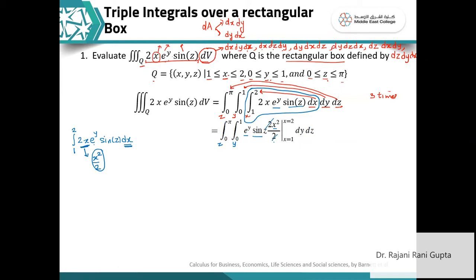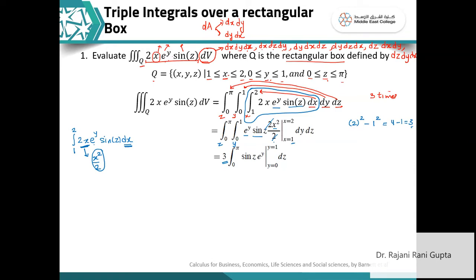When you replace x by 2, you get 2 to the power 2, minus when you replace x by 1, you get 1 to the power 2. So this gives 4 minus 1, which is 3.